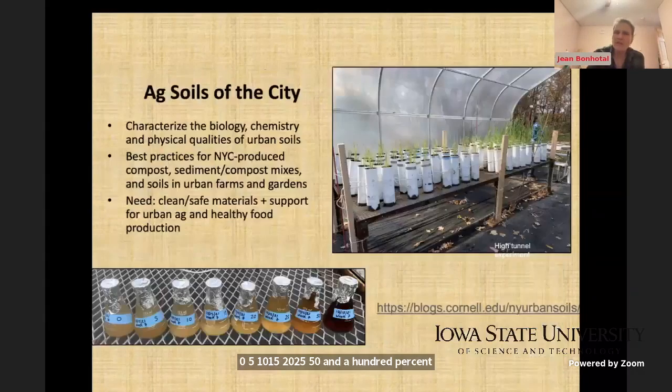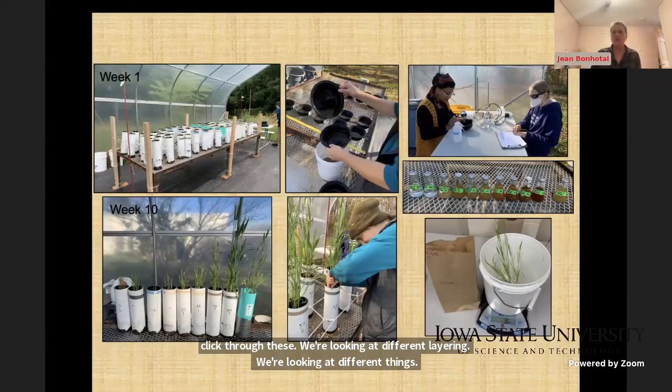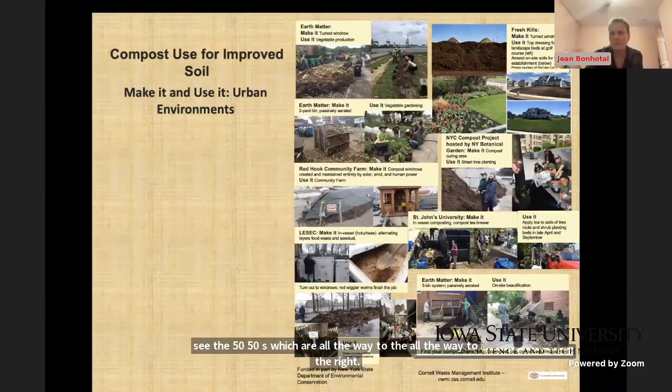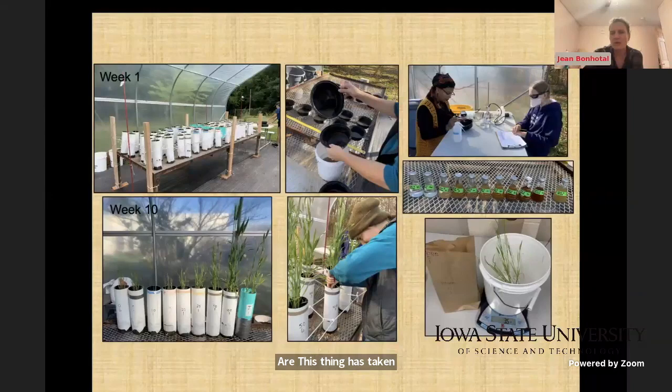And I'll just click through these. We're looking at different layering. We're looking at different things. This happens to be triticale growing in them. And you can see the 50-50s, which are all the way to the right, this thing has taken over. It's got a mind of its own.